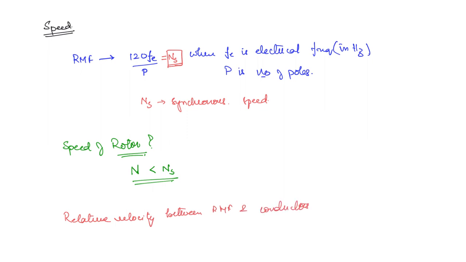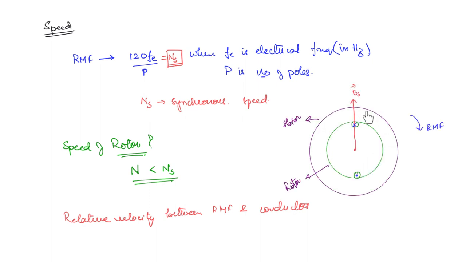Now what will happen if the speed reaches the synchronous speed? If you see the diagram once again, the rotating magnetic field is in the clockwise sense, and what is the direction of torque that we got? Torque also we got in the direction of clockwise sense, same direction as RMF. Okay. So now if the rotor speed reaches the speed of RMF, then what will happen? Both are in the same direction.